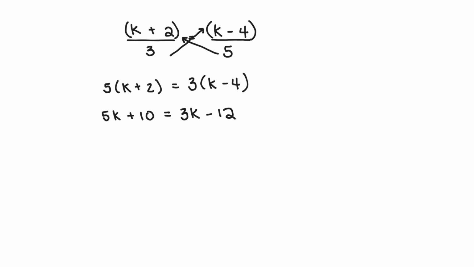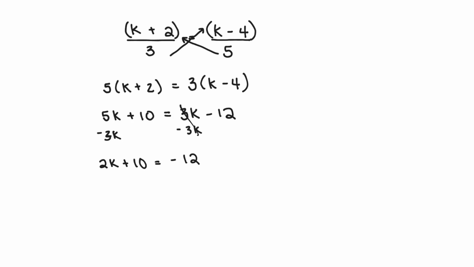Now we need to move things over. So the best thing to do is look and find which variable is bigger. So we have 5k on the left side and only 3k on the other side. So to be able to subtract, we want to subtract the smaller one. So the smaller one is 3k. So we're going to minus 3k on both sides. So those will cancel out. So now it's going to be 2k plus 10 equals negative 12.